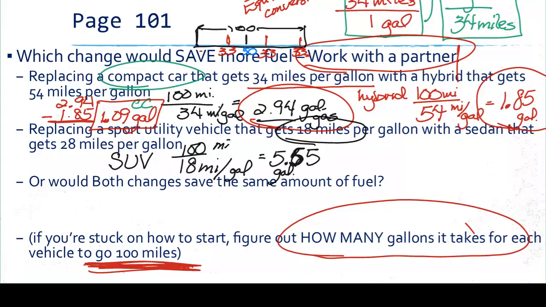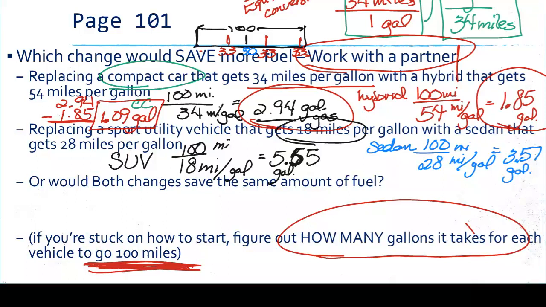And for the sedan, going 100 miles, we get 28 miles per gallon. So the miles will cancel out. The gallons is left. 100 divided by 28 gives 3.57 gallons of gas.